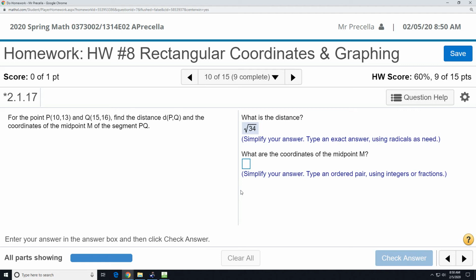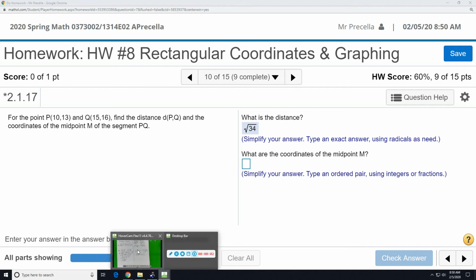You add them up, divide by 2. x1 plus x2, y1 plus y2, and I think we're going to have some fractions here. Oh, wait, what? Okay. I'm sorry.